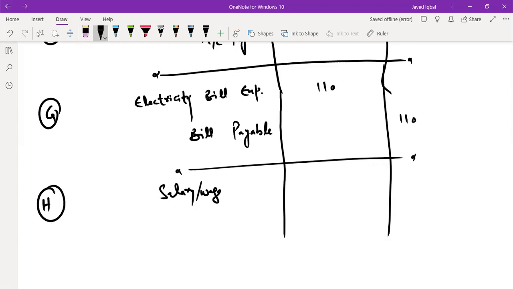You can write wage expense as well. And you have paid it in cash. The amount was 275. Yes, 275. So this will conclude your transaction H.